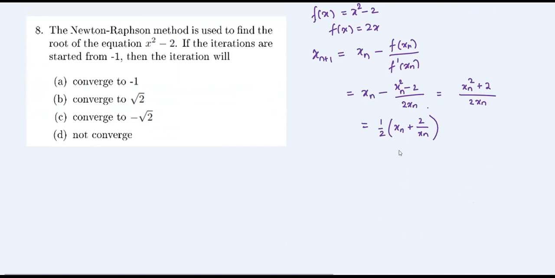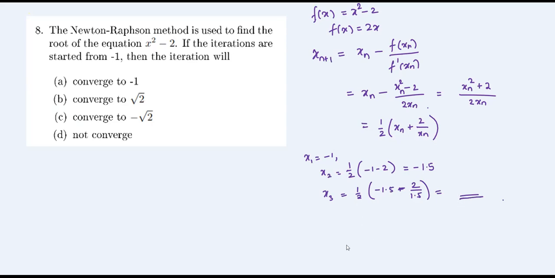Now, if we start with a negative iteration, if we start with x1 equal to -1, x2 will be a negative number only, -1.5. Now x3 will be -1.5 plus -2 upon 1.5. So again, you will get a negative value as the iteration.